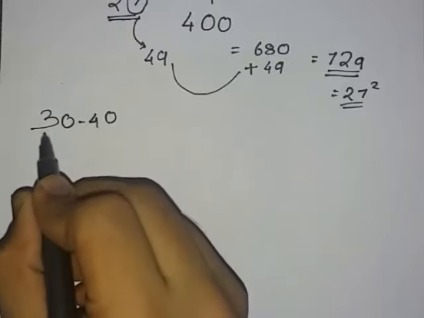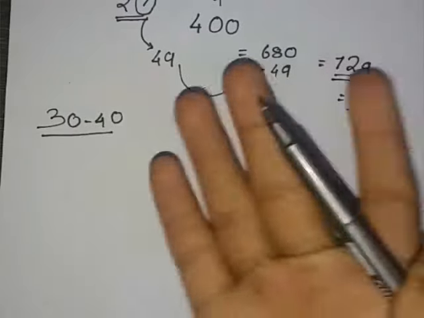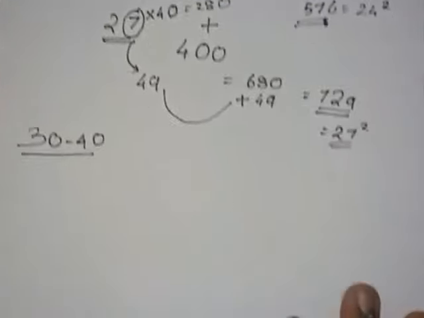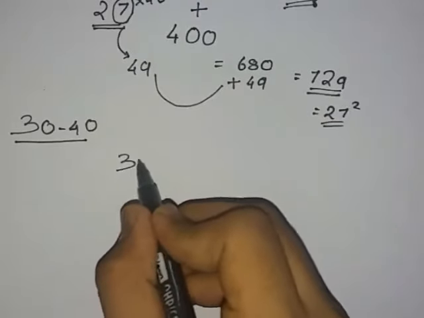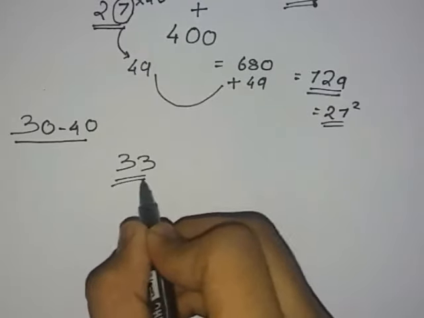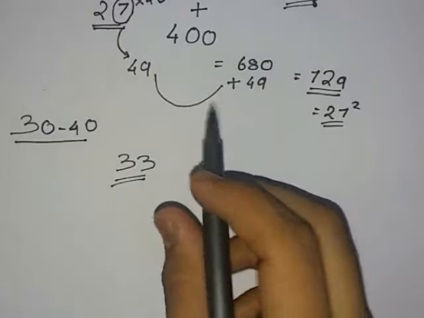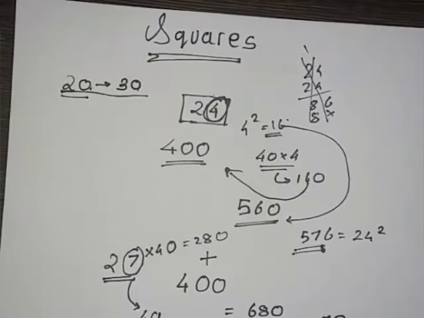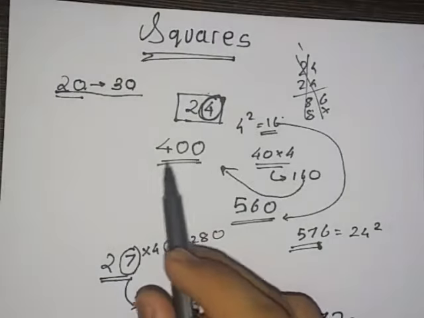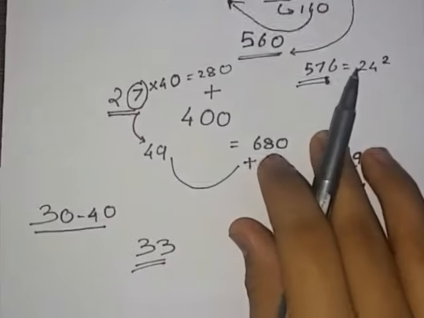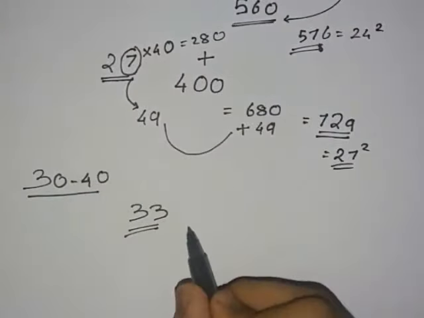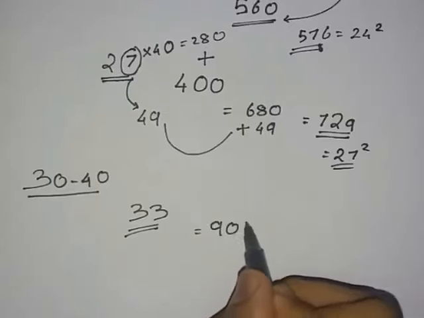Quite interesting, or we must say very much the same as what we did right here. So for your sake, let's take another number. Let's take the number 33. As in 20 we took the constant number 400, in 30 we take the constant number as 30 square, which equals 900, everywhere.